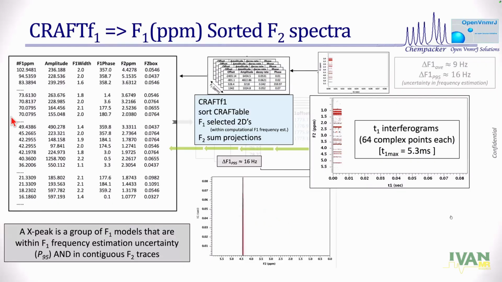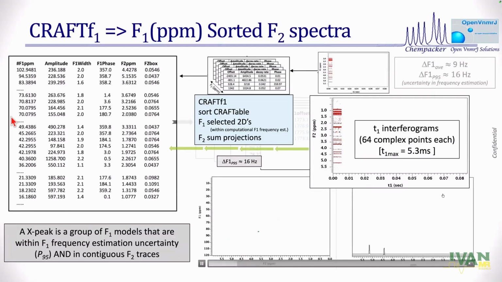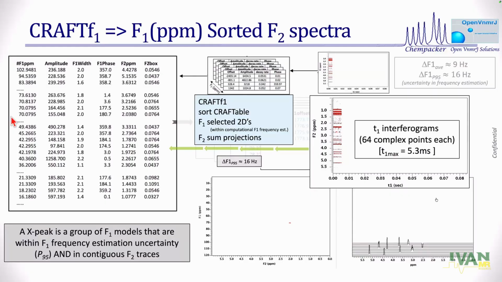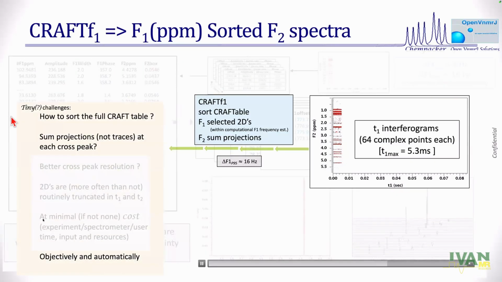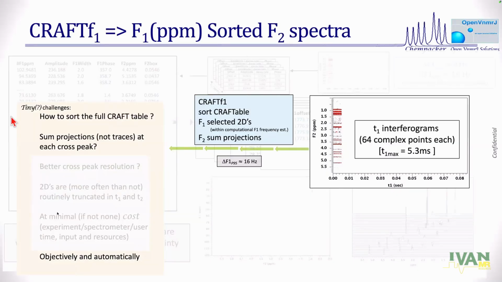And so this entire generation of F1 selected F2 spectrum, I don't want to call it a trace, I don't want to call it a projection, it's a spectrum. It's an F2 spectrum of a single cross peak in each trace. Essentially, we addressed all of this, and I have the sum projection.